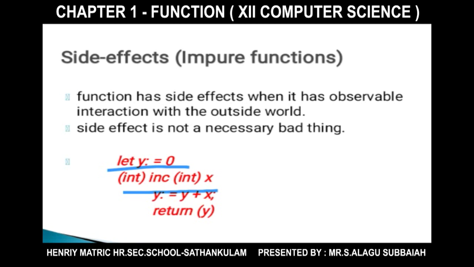Here the old y value is 0 and we don't know what the value of x will be. The x value is added and stored again into y. So now the y value is changed. The function returns the y value somewhere else, so now the y value has been changed. That is called side effect.